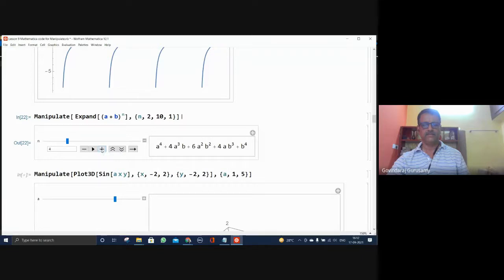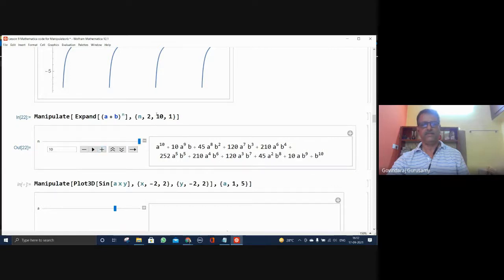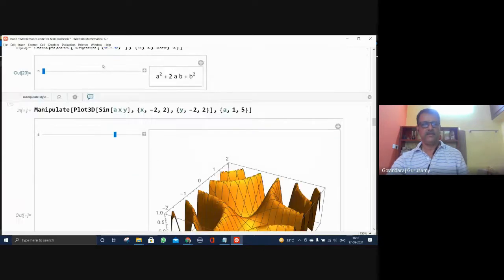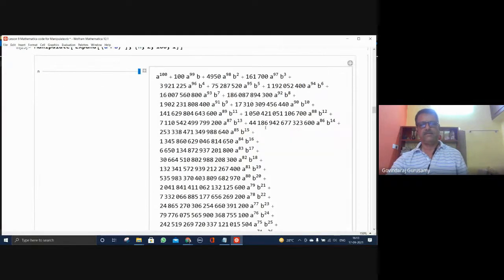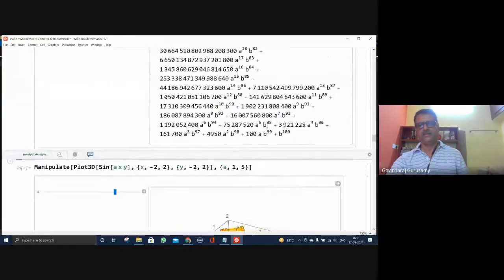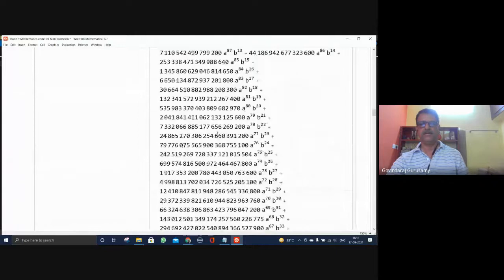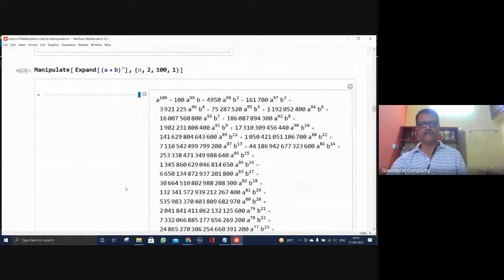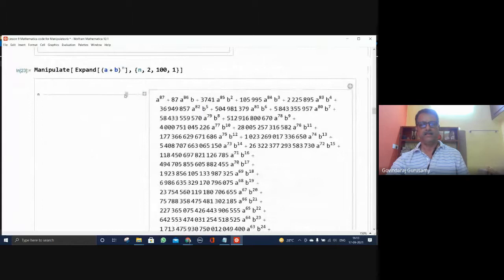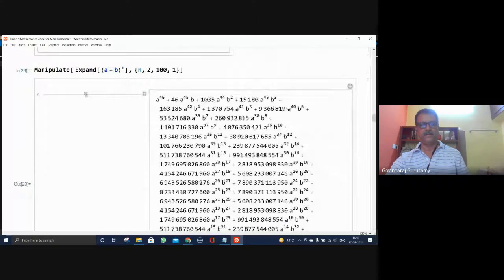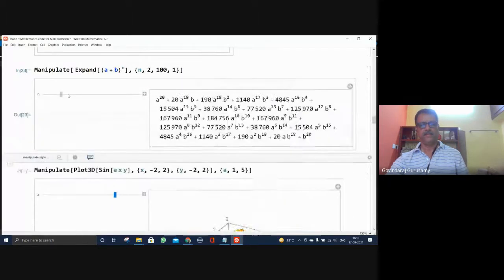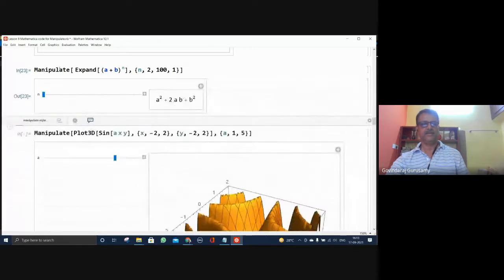Now add cubic. Both are done. So, being animated, you can go up to 100 or whatever you want. Starting from here, you will see the list of what's going to happen: your 100th polynomial, a power of 100 of numbers. The binomial idea is being used here and this is being manipulated here.